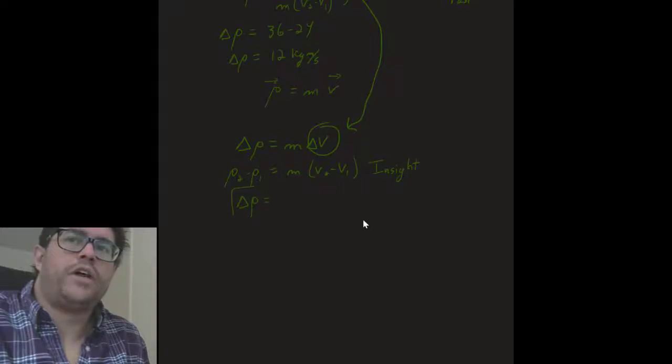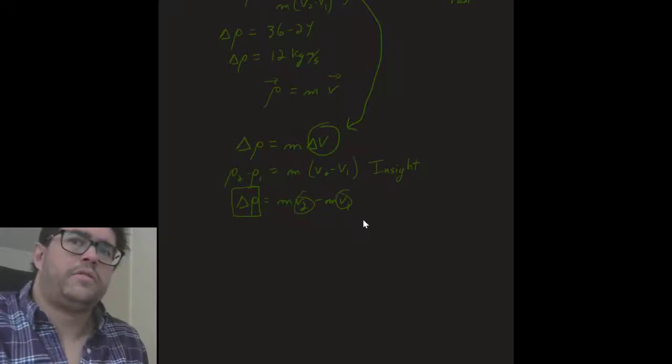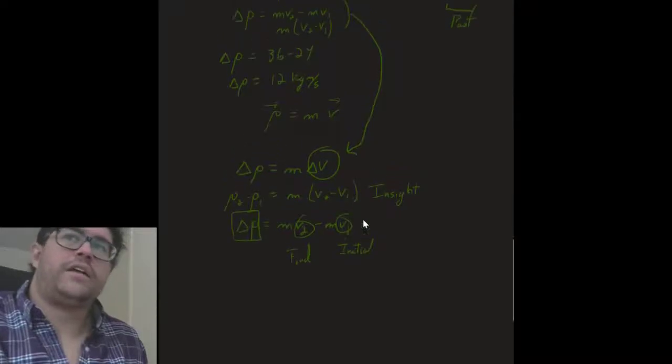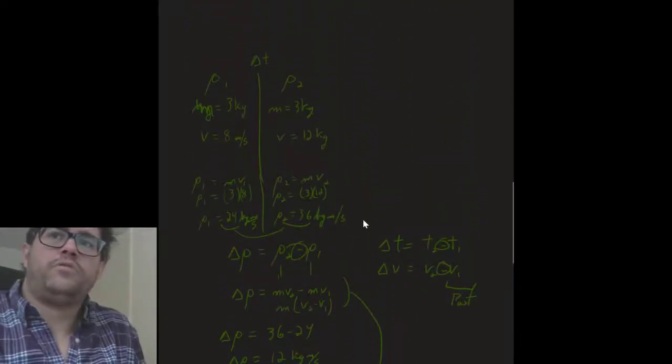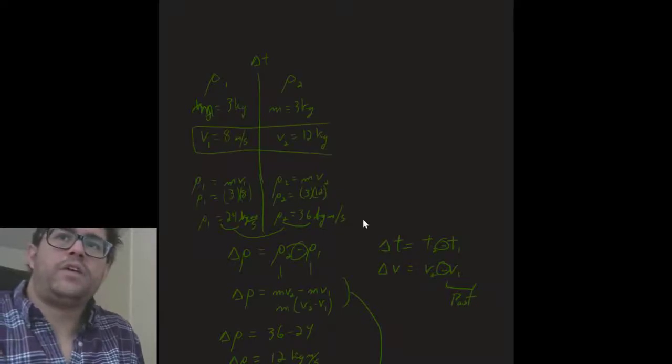But most questions will ask you to find the change in momentum: mv2 minus mv1. If you have the initial velocity of the object and the final velocity of the object, initial and final. So again, I give you two pieces of information, v1 and v2. From these two, you could calculate the difference in momentum.